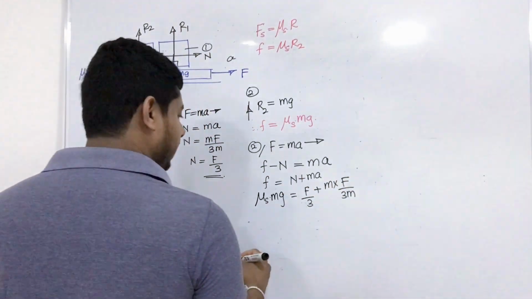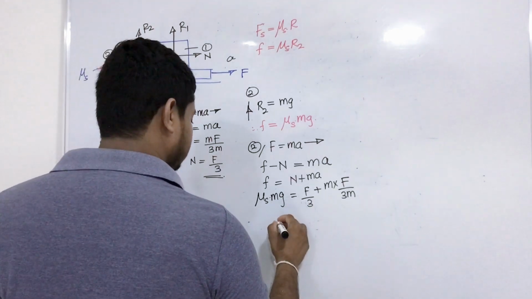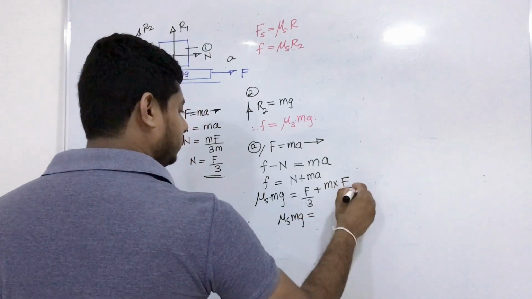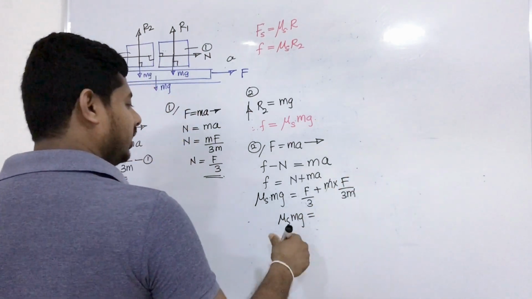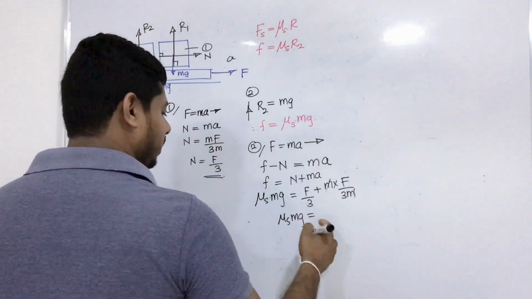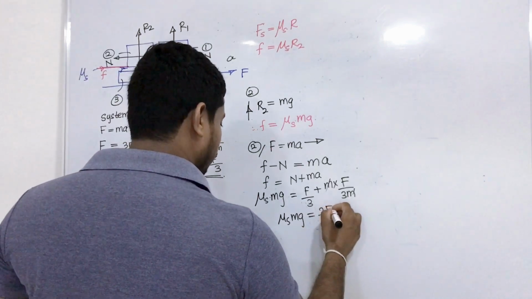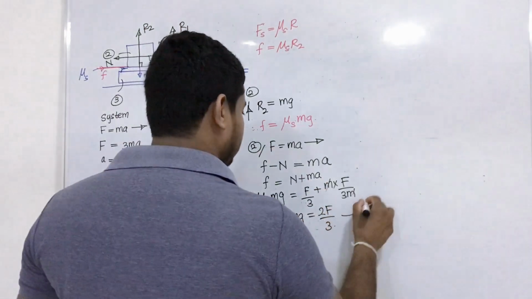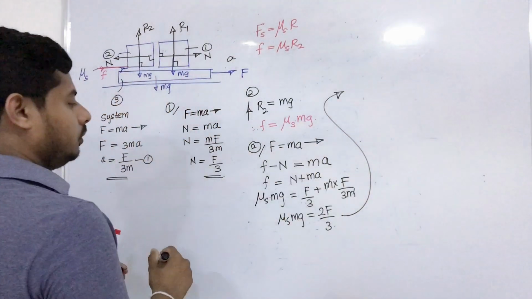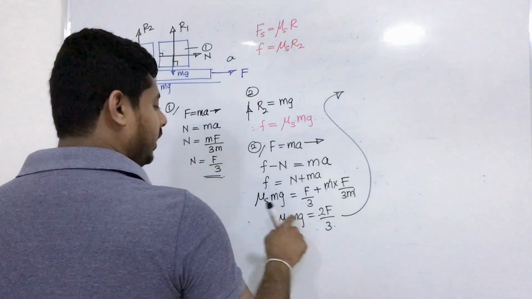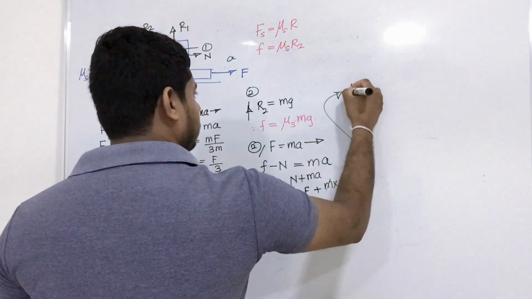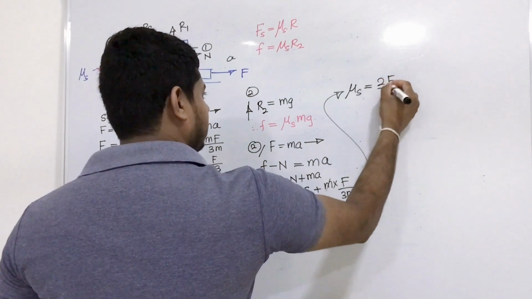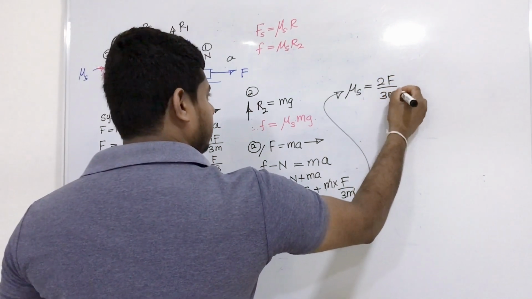If you simplify this, you can easily get mu s mg is equal to, m cancels out, F over 3 plus F over 3 means 2F over 3. So we can take this mg to the other side. So mu s is equal to 2F divided by 3mg.